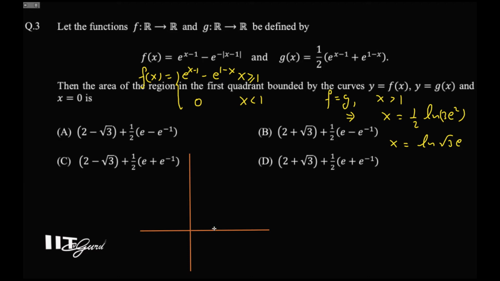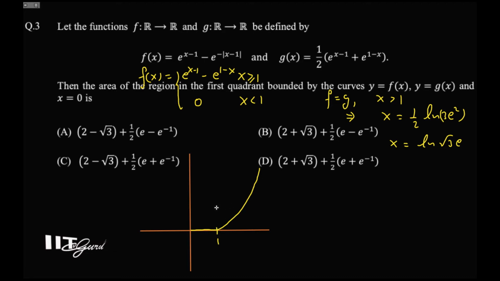Let's say this point is 1. At this point the graph is 0, coming over here, and from here the graph lifts up this way. If you differentiate and double differentiate, you check the function is increasing and the concavity is downwards here.